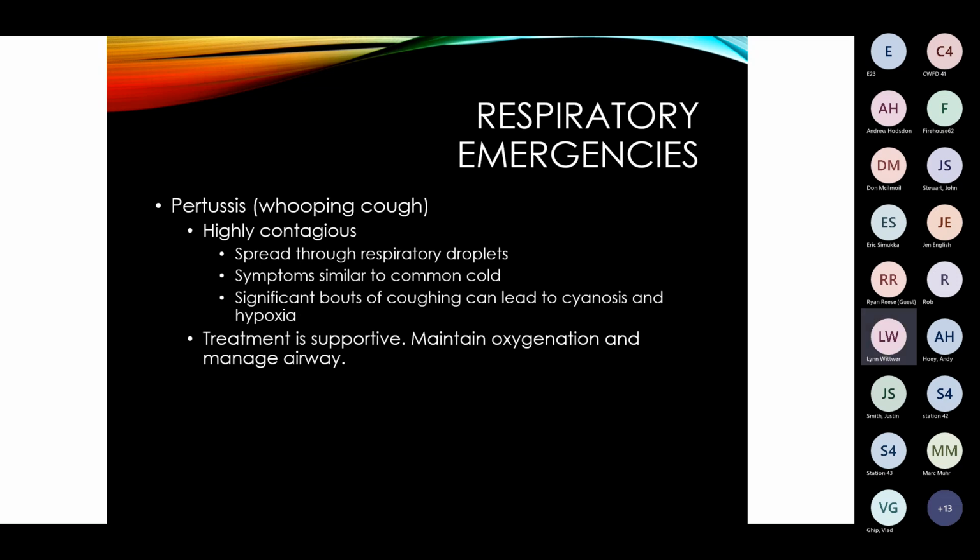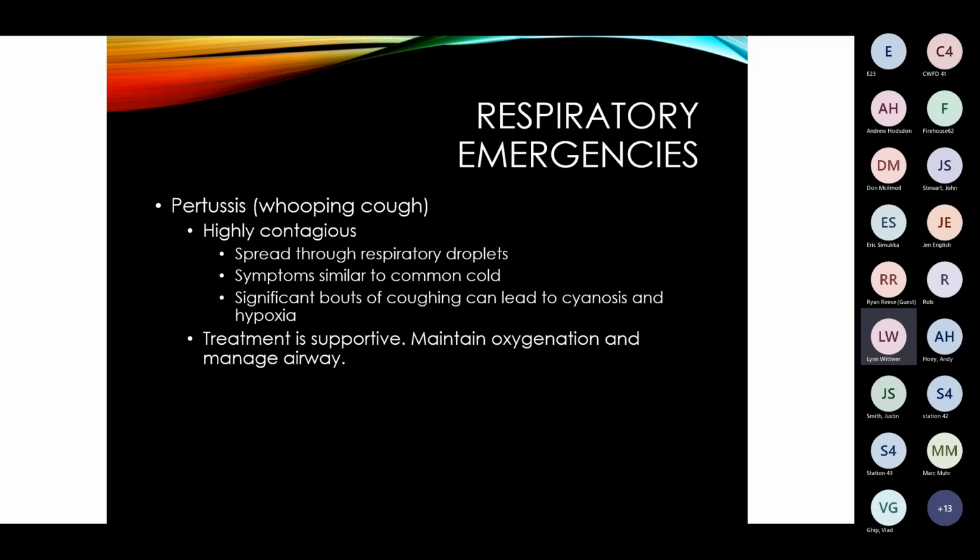Pertussis is a bacterial disease coming back. It was pretty well wiped out with childhood immunizations, but because those have fallen off and repeated immunizations are also falling off, pertussis has made a comeback. It's highly contagious, spread through respiratory droplets.